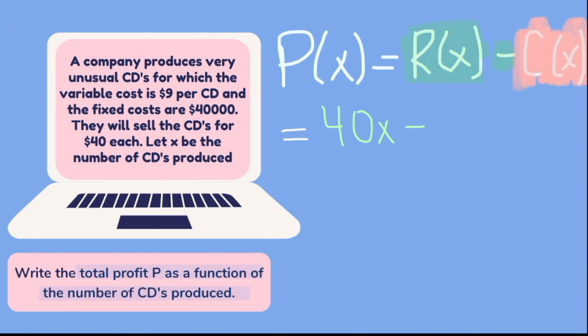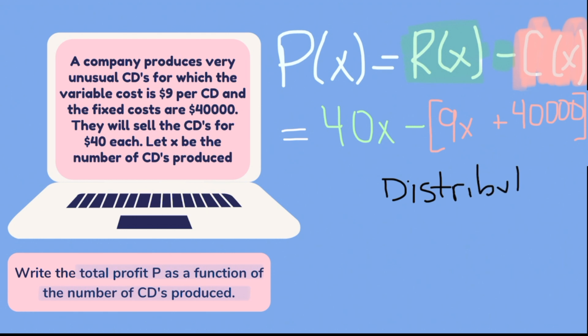So I strongly recommend you put your cost function in brackets. Our cost function in brackets was 9x plus 40,000. It's going to save you in the future. And we use the brackets because we want to make sure we distribute correctly and distribute fairly, so our signs in our function are correct.